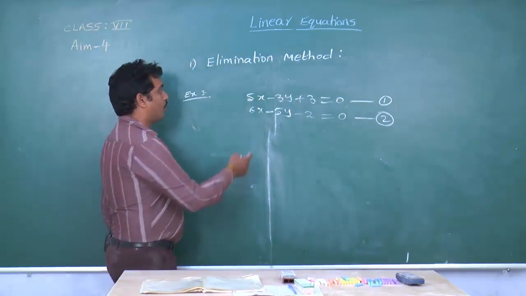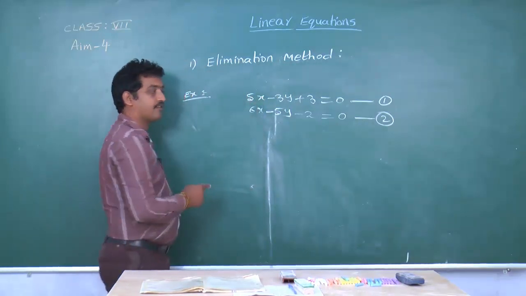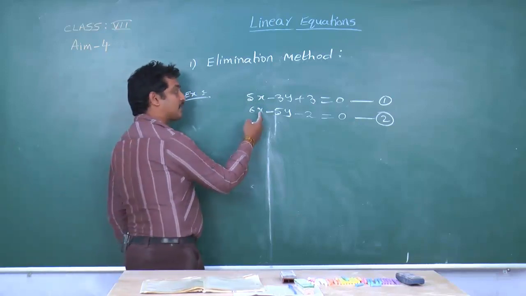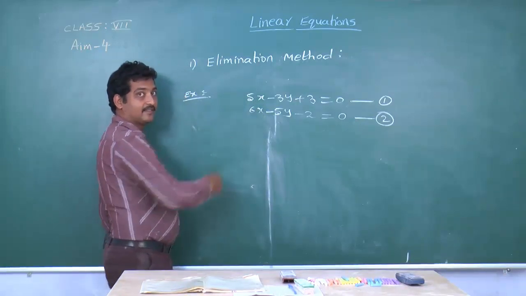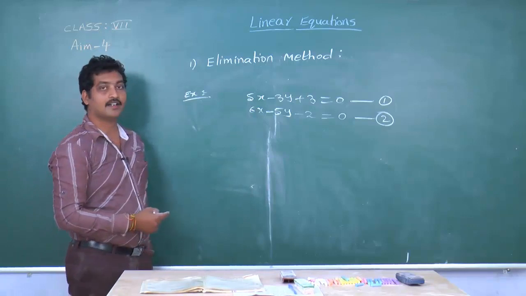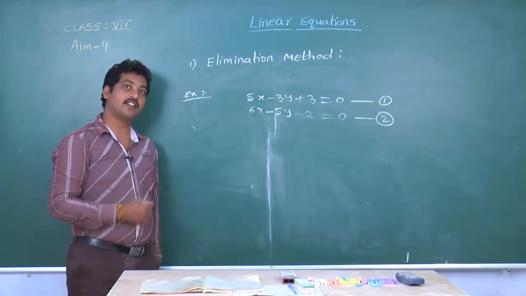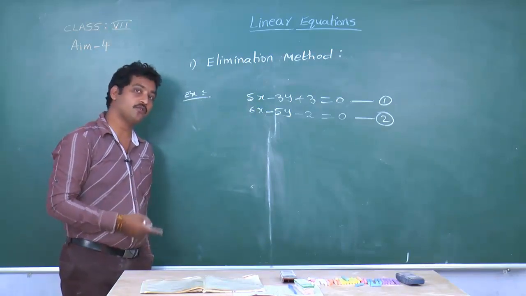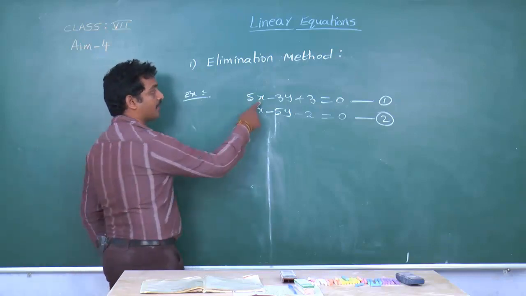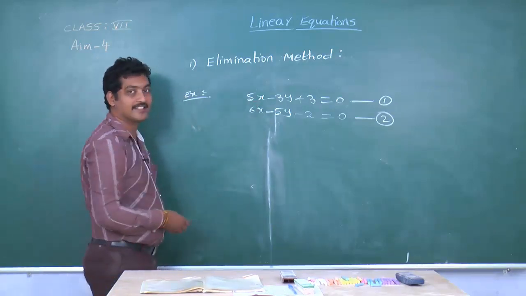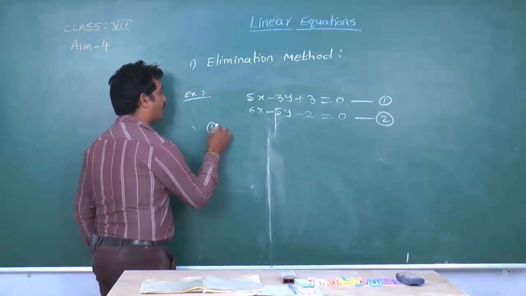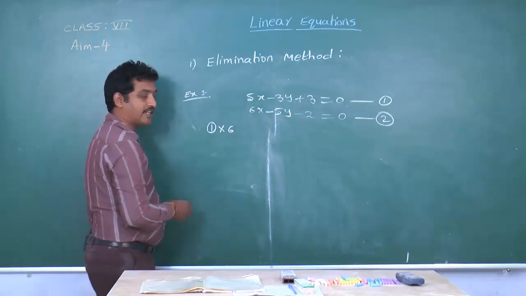Now, what is the x coefficient here? 5. Here what is the x coefficient? 6. To make the x coefficients equal in both the equations, what do you have to do? Equation number 1 should be multiplied with 6. Therefore, 1 into 6. Why?